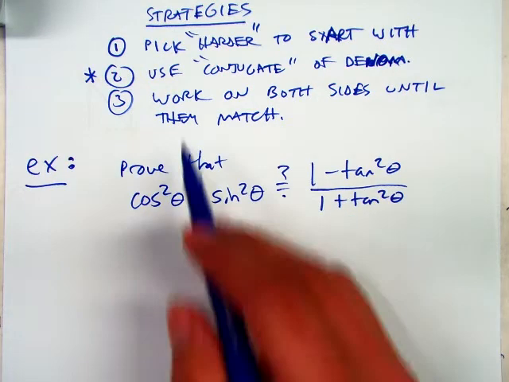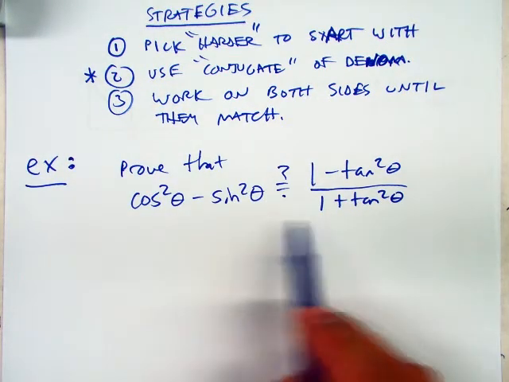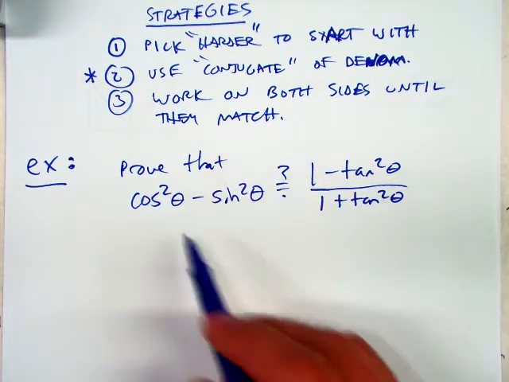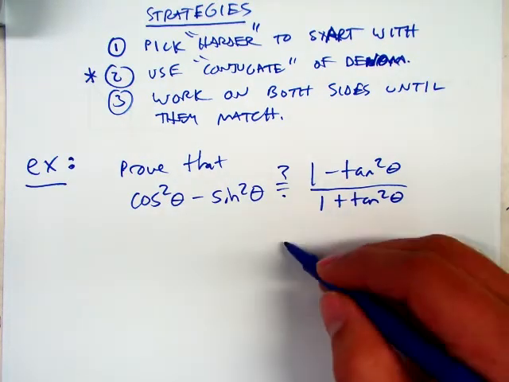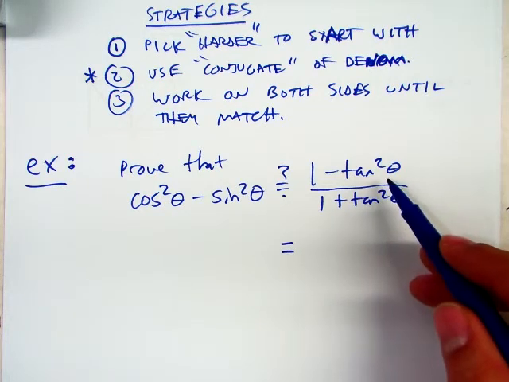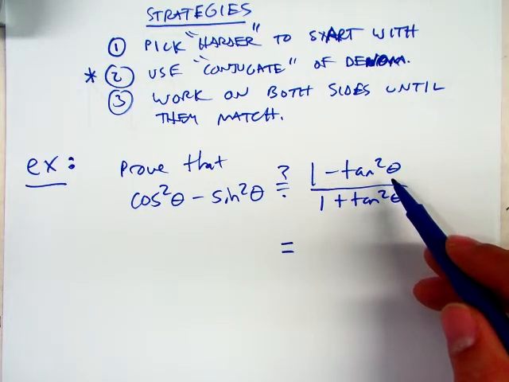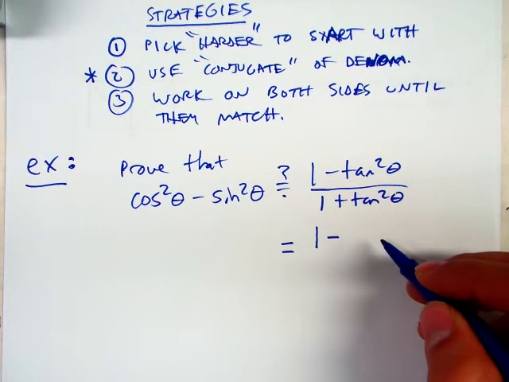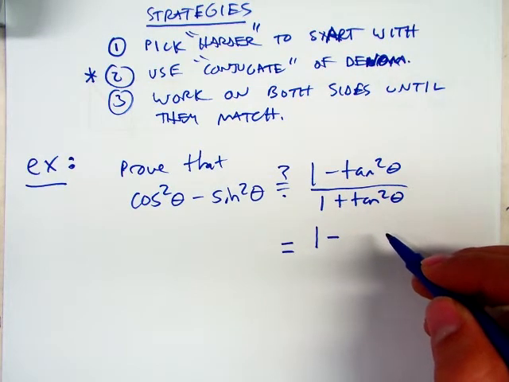According to this first strategy, which side looks like there's more work to be done on? The right side. Okay? So, in the first part of class today, we talked about how we can change things around so that there's only sines and cosines, right? Should we do that? Let's do that. So instead of 1 minus tangent squared, what's tangent? How else can we write that?